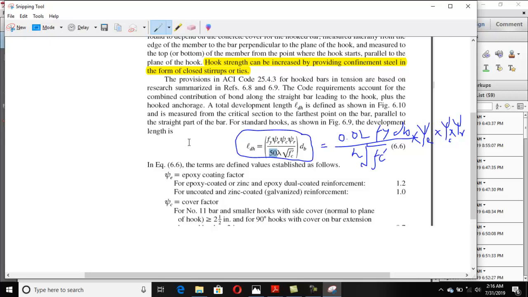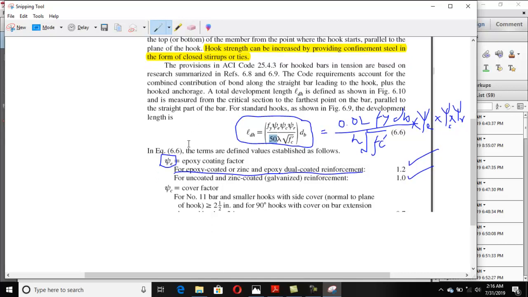Here you can see this psi e factor, that is the coated factor, the epoxy coated factor. If epoxy coated or zinc and epoxy dual coated reinforcement is used, you have to take this one too. And for uncoated or only zinc coated, you will use one.